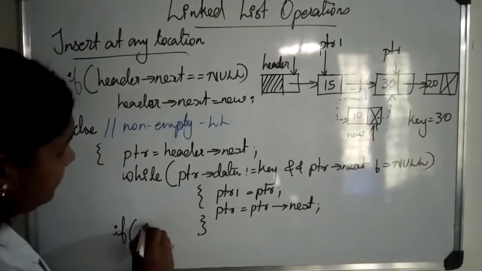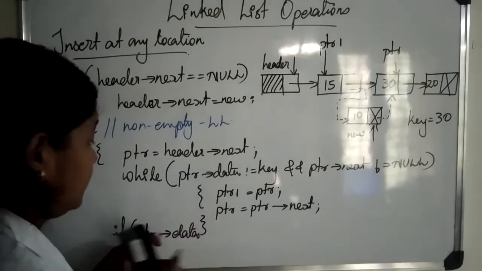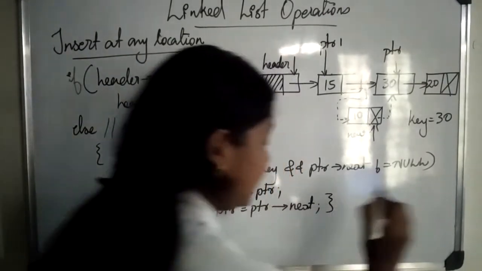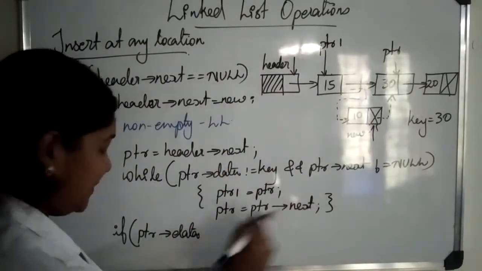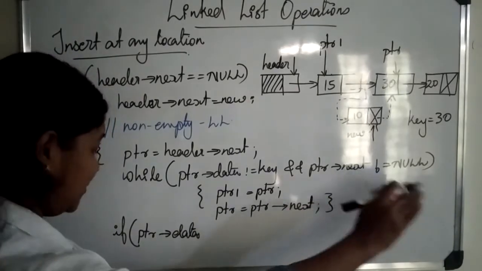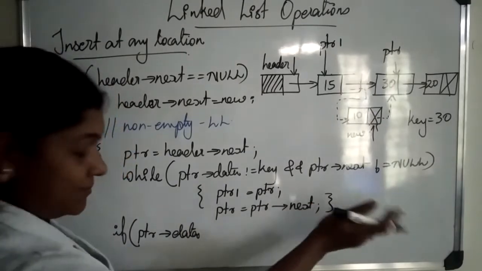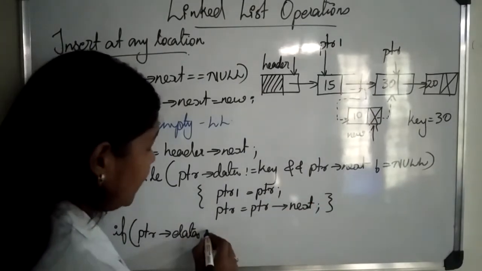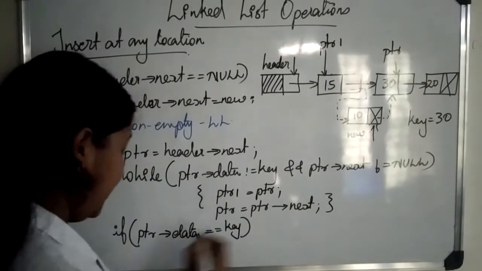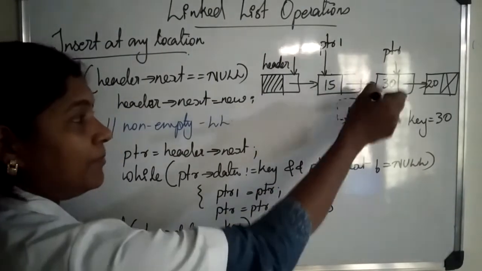If PTR.data, I'm closing the brace here for the space problem. When you write, you adjust it. So if PTR.data is equal to key, then only we need to proceed.